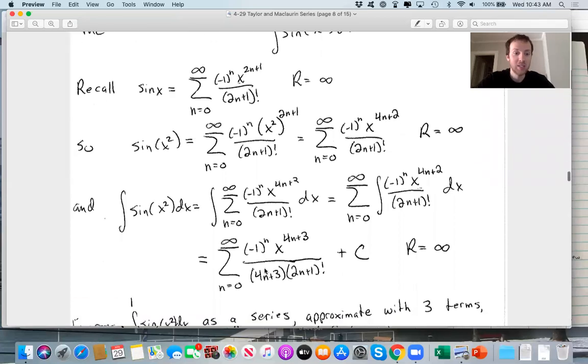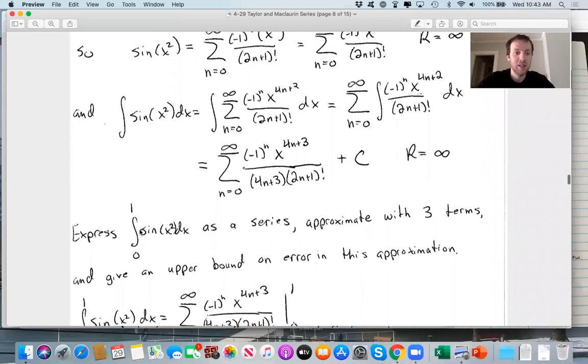What we can do with this is think about the definite integral, the integral from 0 to 1 of sine of x squared dx. We can represent this as a series, and we can try to approximate it. For this kind of question, we can't just use the fundamental theorem of calculus in the way that we've been using it, find an antiderivative, evaluate from 0 to 1, and get the number.